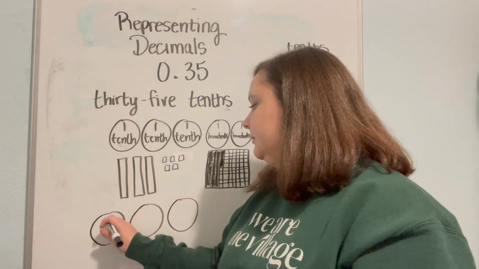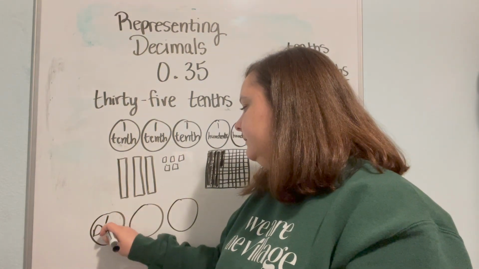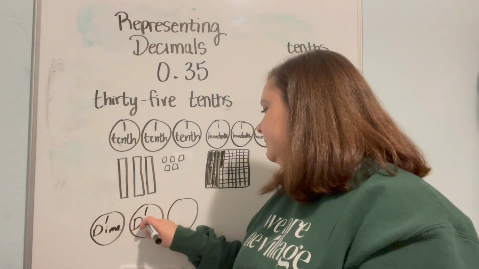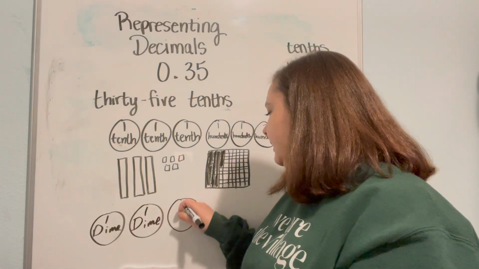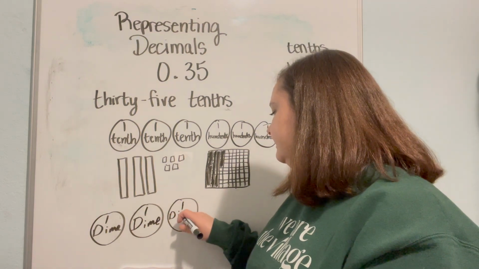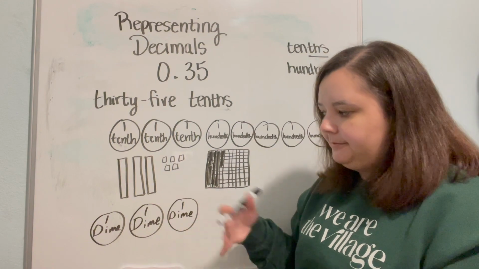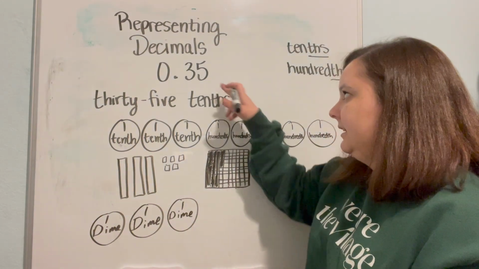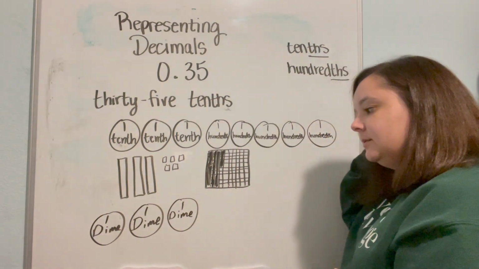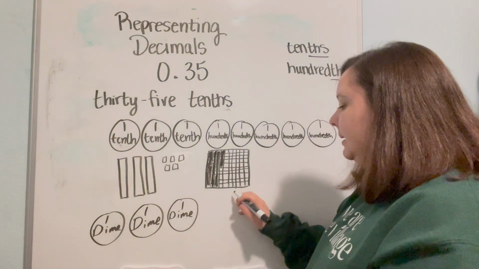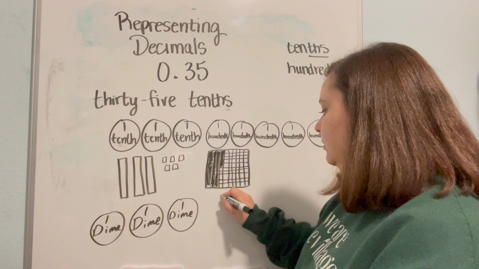So 1 dime, 1 dime, and my last dime. So this is representing my 3/10 or 30 cents. And now I need to represent my 5 hundredths, which I could represent using pennies or a nickel. I'm going to use a nickel.